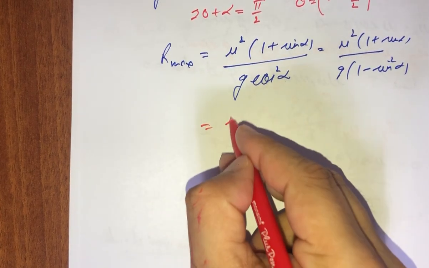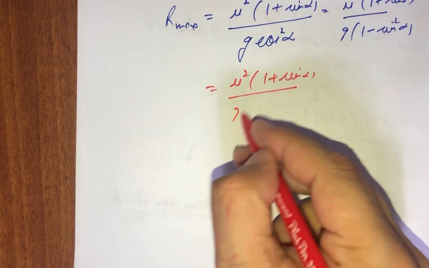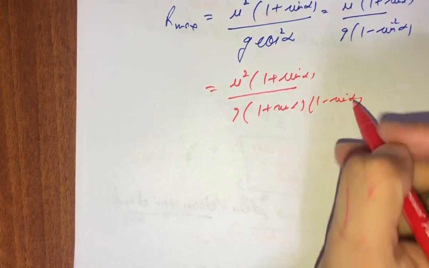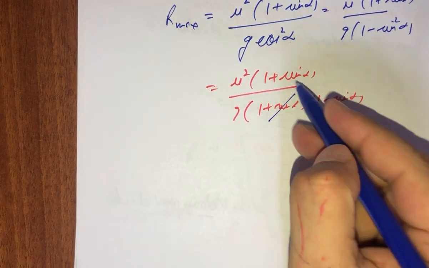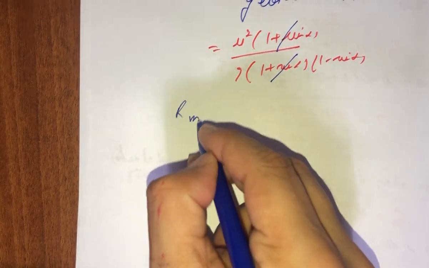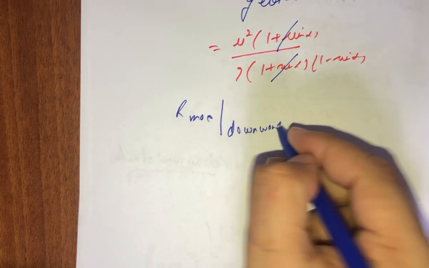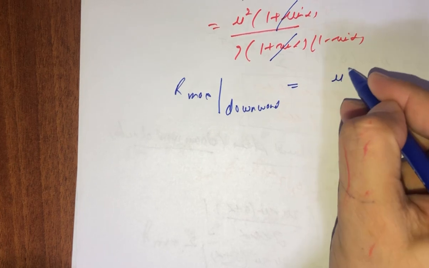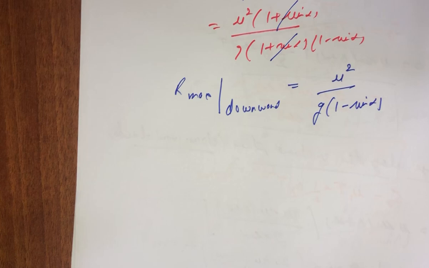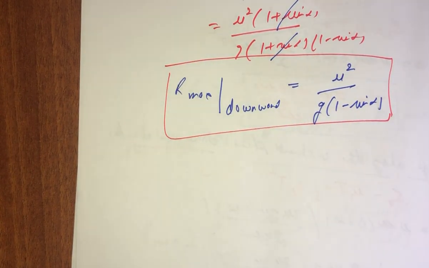So we can write this as u square into 1 plus sin alpha over g into 1 plus sin alpha into 1 minus sin alpha. 1 plus sin alpha and 1 plus sin alpha cancel out, so we get R maximum in the downward direction is equal to u square over g into 1 minus sin alpha. So this is the range in the downward direction.